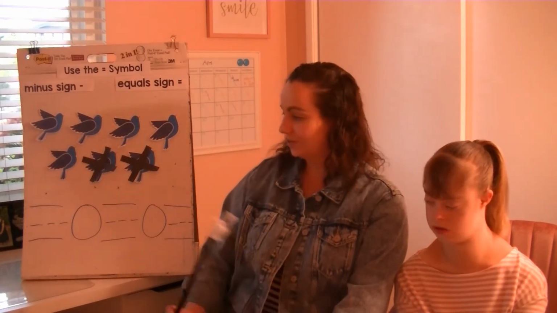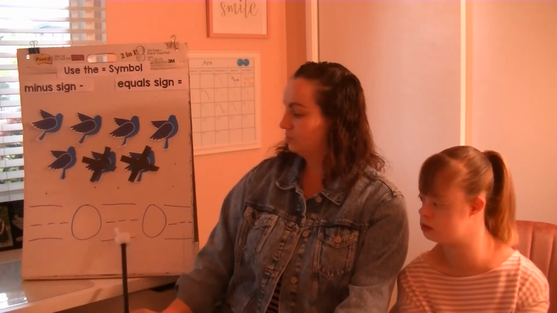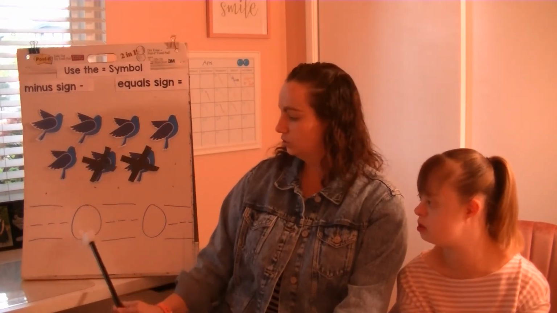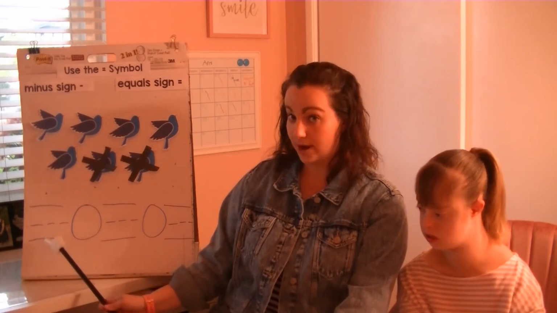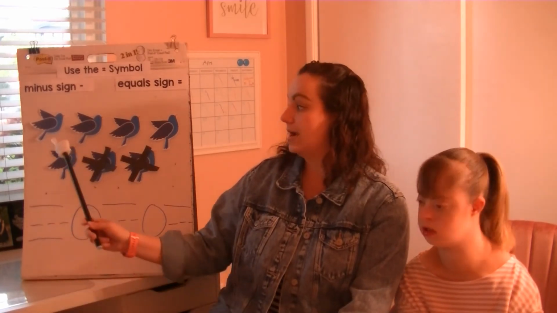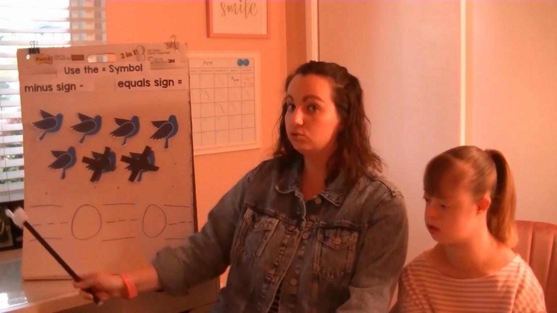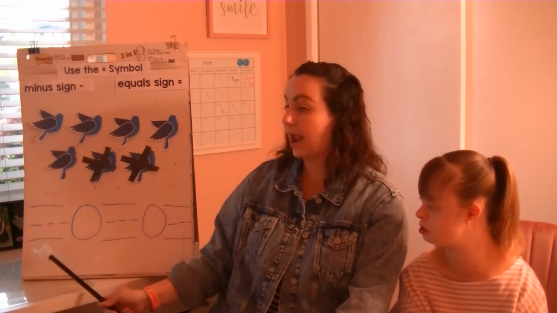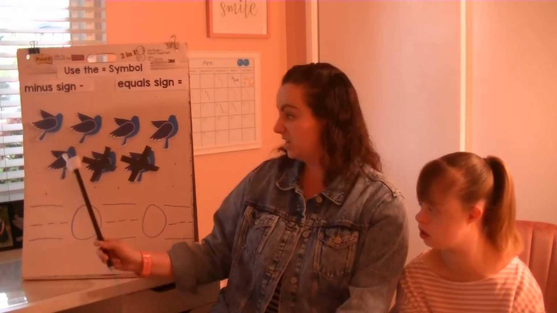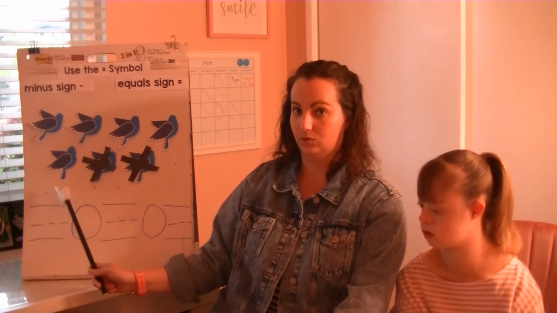Let's go ahead, look up here. You have lines reminding you to write numbers, and circles where the signs usually go. The first line, subtraction, you need to write how many birds you start with. Even the ones you'll subtract later, you still count at the beginning, because at the beginning, they're all here, okay?